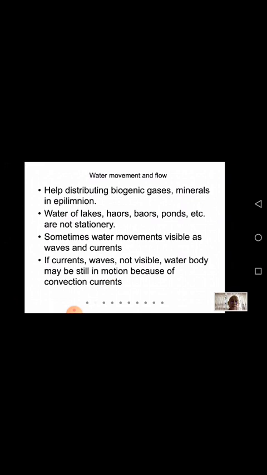So movement occurs by waves, currents, and also convection currents. Primarily, wind is the main force for movement and mixing. Besides, water temperature and density are also responsible for some sorts of water movement.